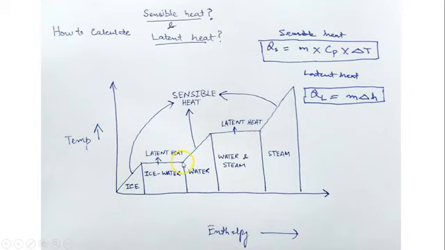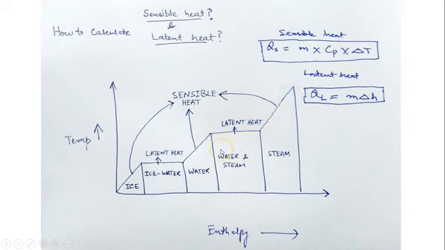Then after this, there will be an increase in temperature with the addition of heat up to 100 degree centigrade. When 100 degree will reach, the temperature of the water will remain again constant because there will be a phase change from water to vapor, and then again the temperature of steam can be further increased.